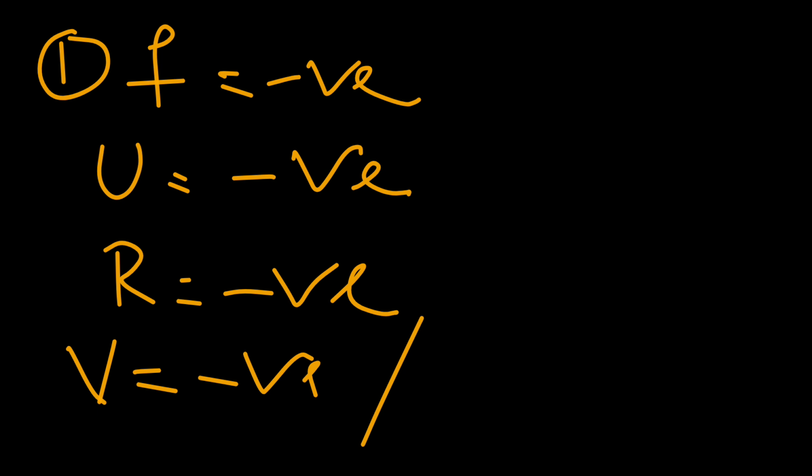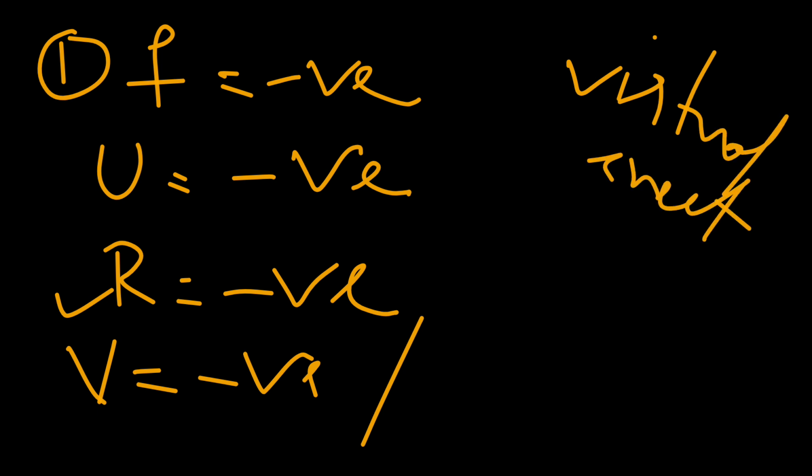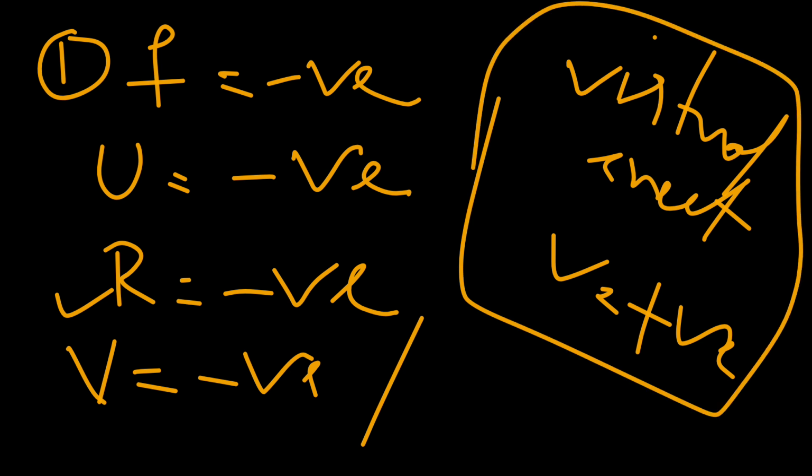If the image is real and inverted, it is always negative. If the image is virtual and erect, that distance is positive, which means when the object is placed in between focus and pole, the image distance is positive only in that one situation. In all the remaining situations it is negative.